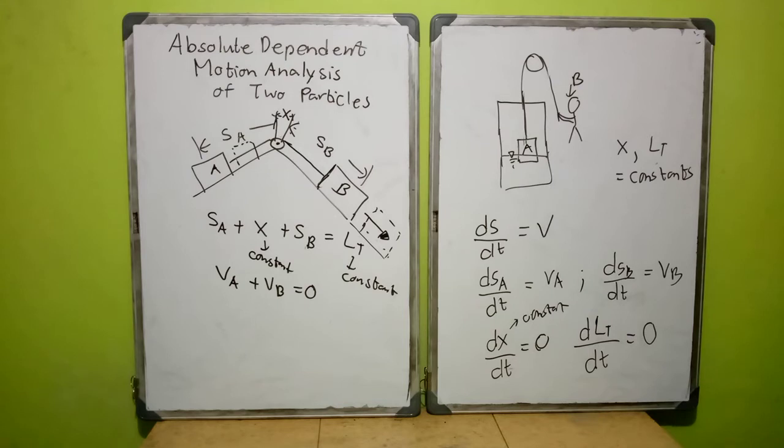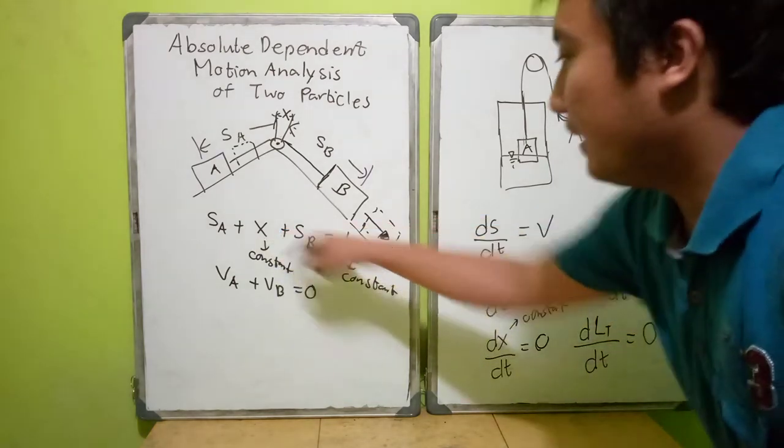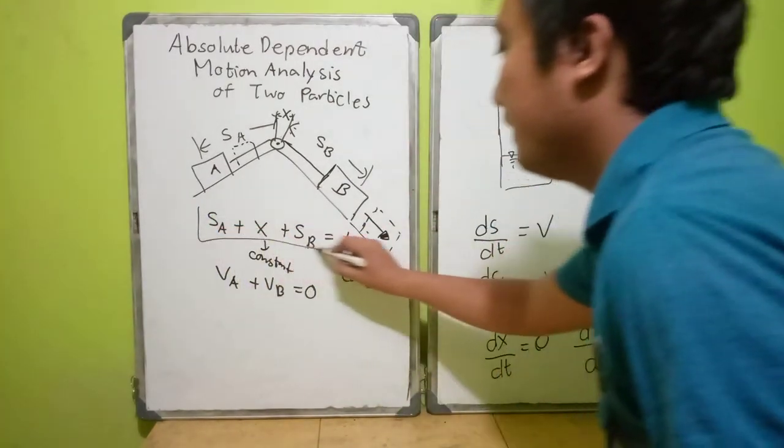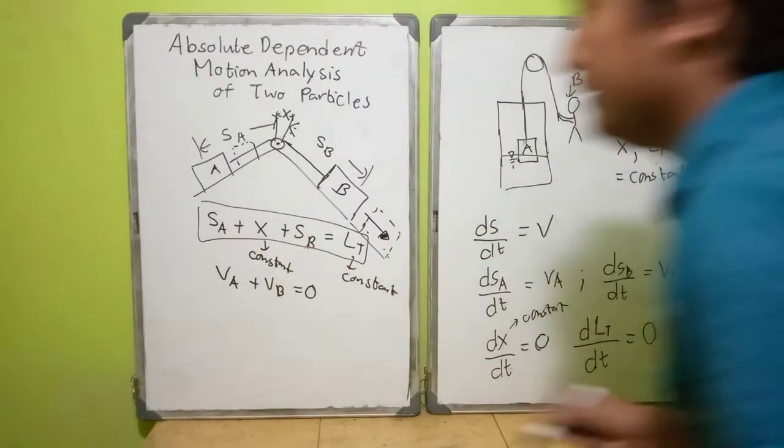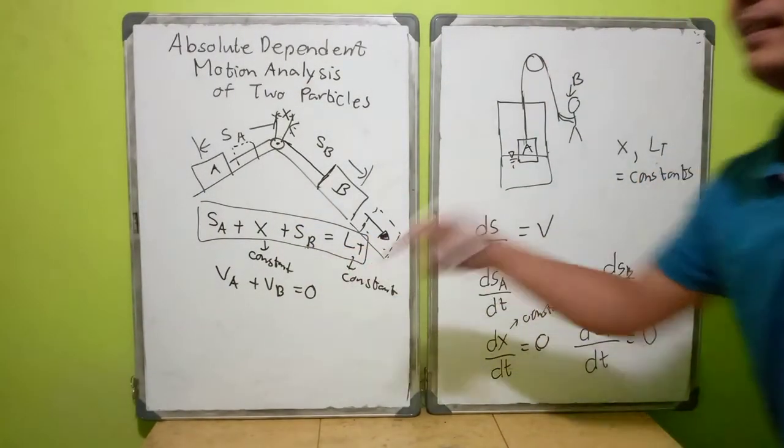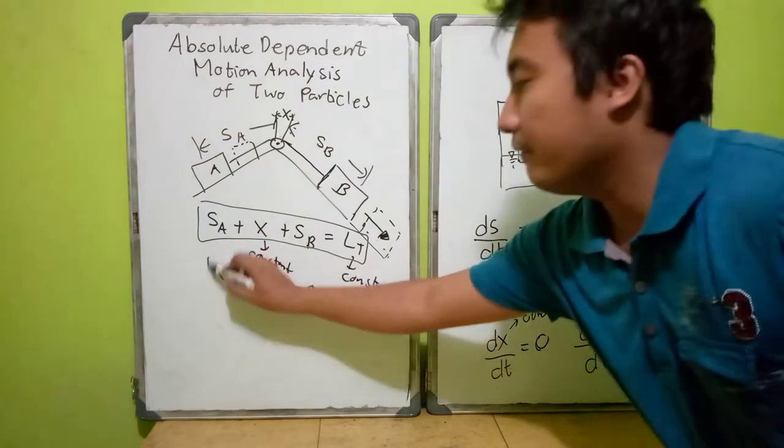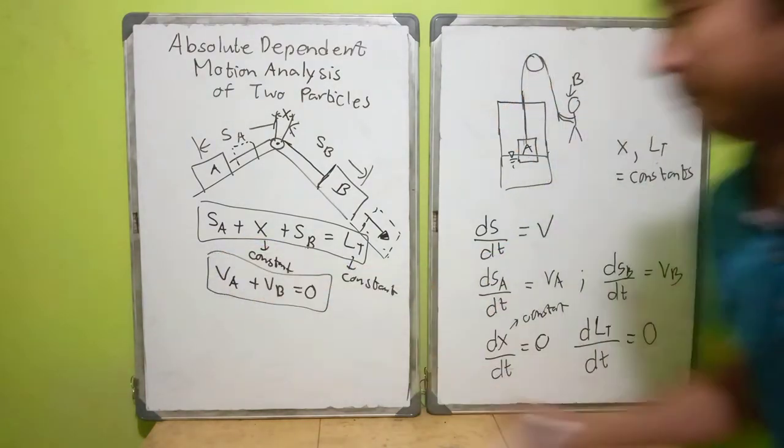So that's why if you differentiate this mathematical expression, you will get VA plus VB.